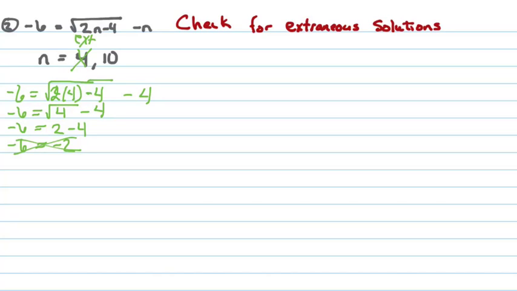So let's check the other one. Negative 6. Does that equal the square root of 2 times 10 minus 4, minus 10? And so let's find out. 2 times 10 is 20 minus 4.